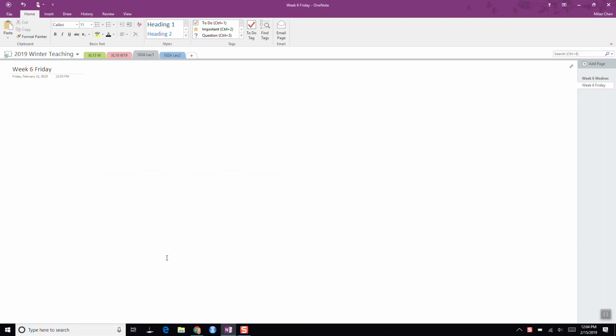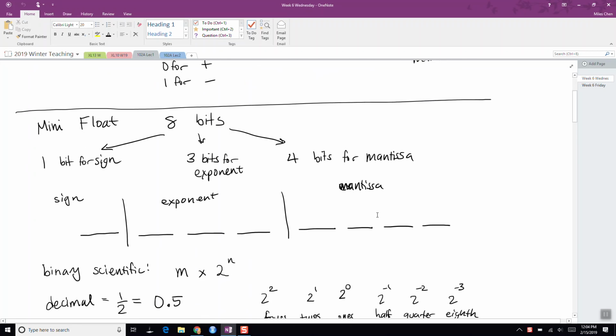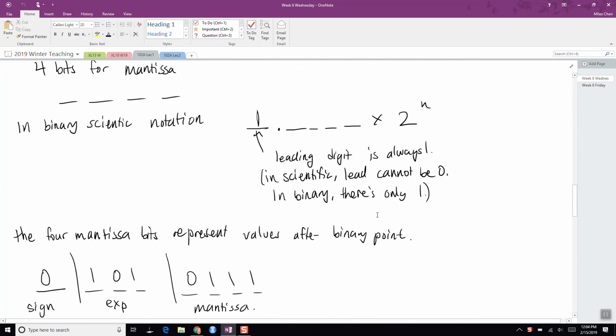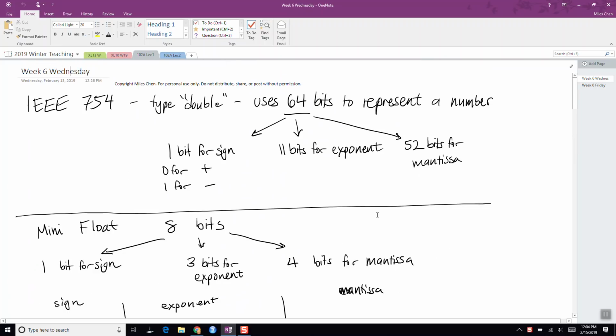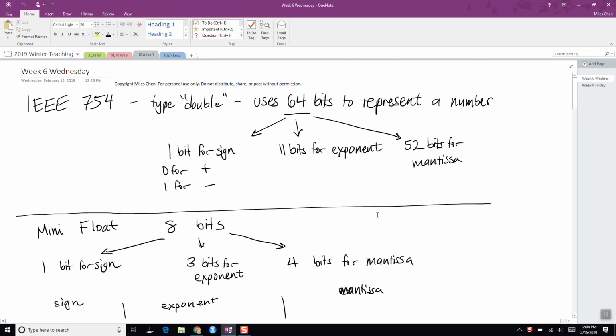Okay, and today we will continue our lectures on floating point numbers. On Wednesday we talked a little bit about the basics, and we said type double uses 64 bits to represent a real number.